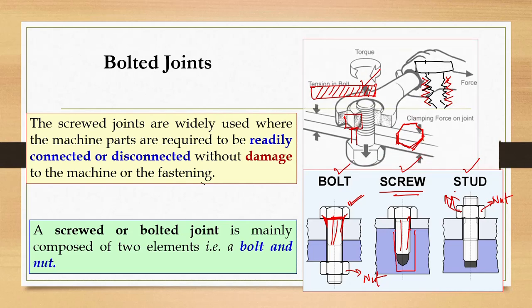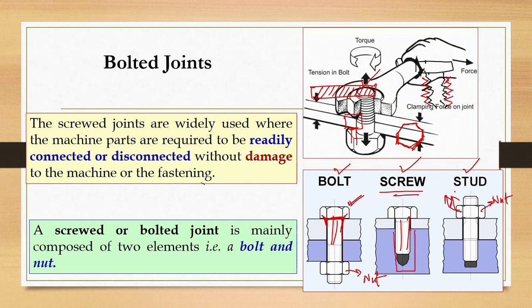Okay, now this is how you tighten a bolt, and every bolt and nut has a certain torque. It's called tightening torque, and tightening torque is a very important factor in saving a bolt from failure.